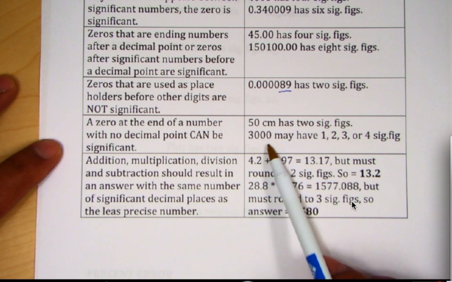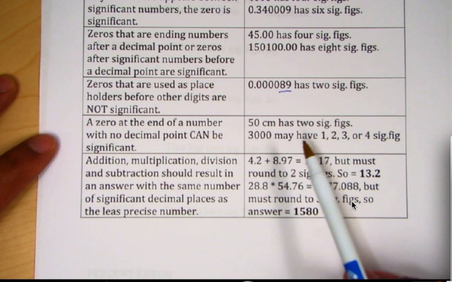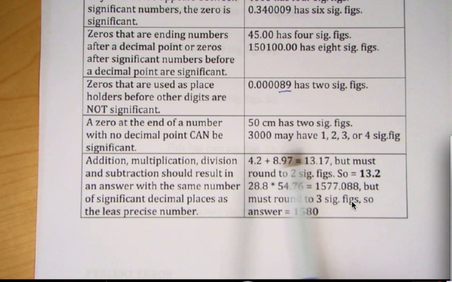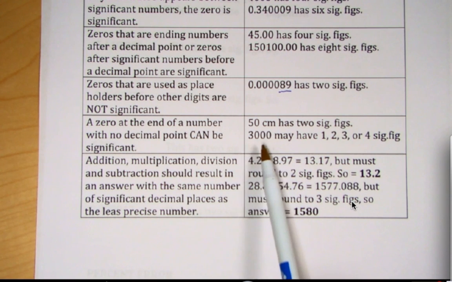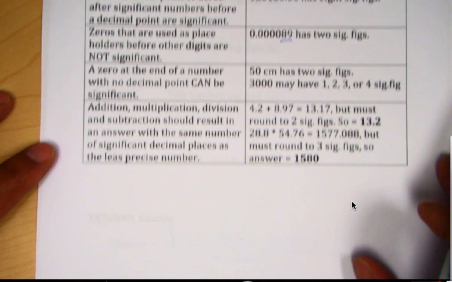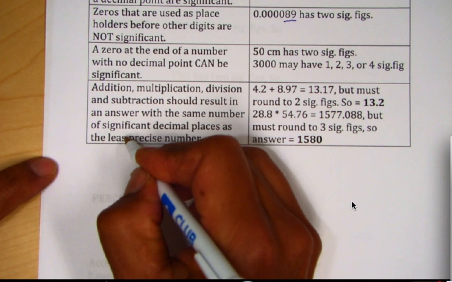In fact, there's a quiz problem on the eScience lab quiz where it asks how many significant figures are in a number just like this, and you have to pick all the options because it could be all of them, 1, 2, 3, or 4. Hopefully you'll run into that one.